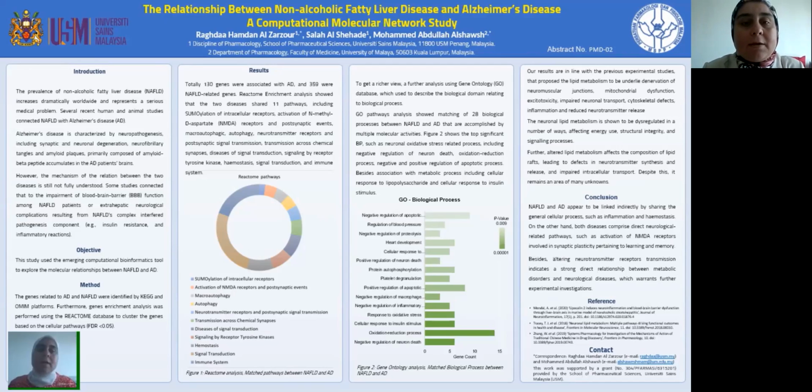When we have these shared 11 pathways and the 28 biological processes, we can limit our focus, for example to the NMDA process. We can target this to come up with a model of Parkinson's disease resulting from metabolic disorders.